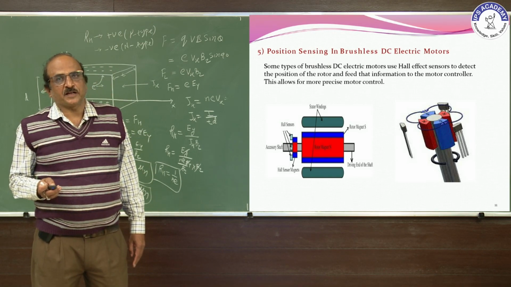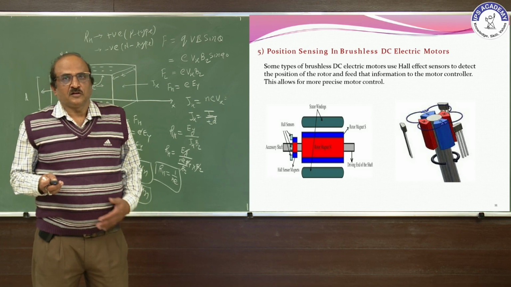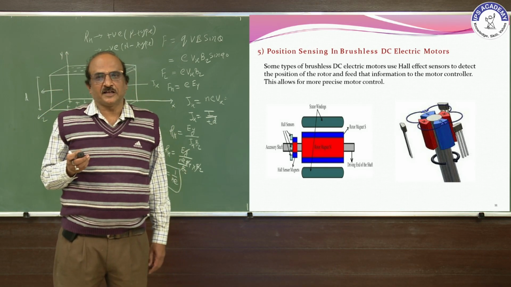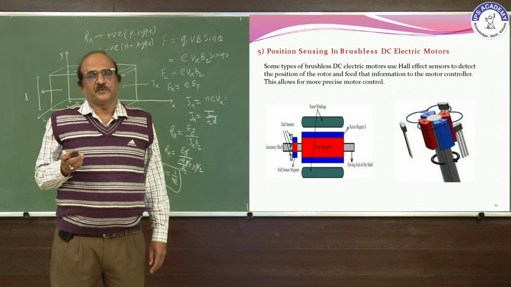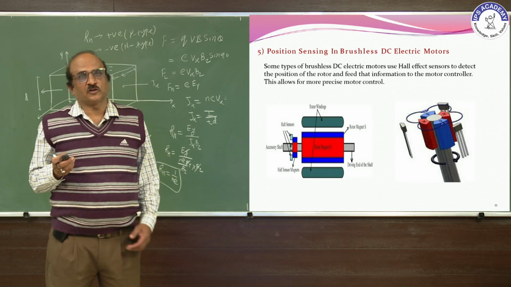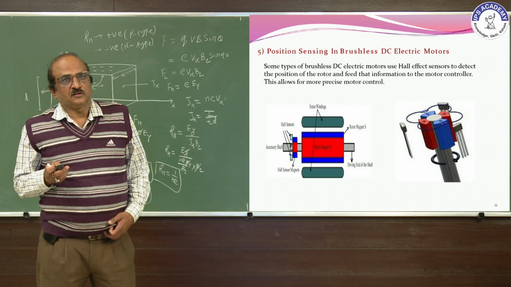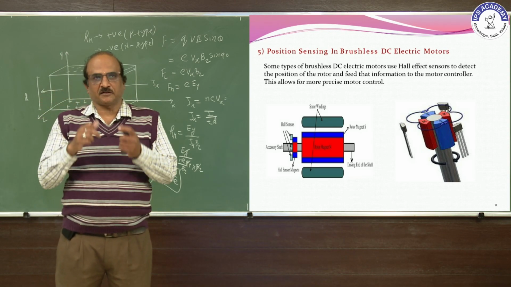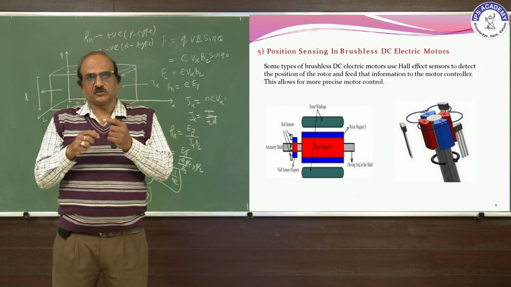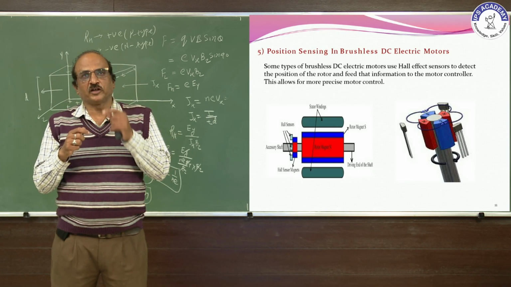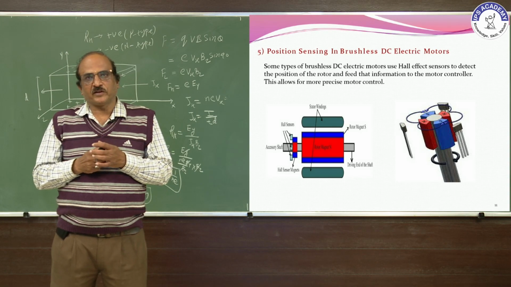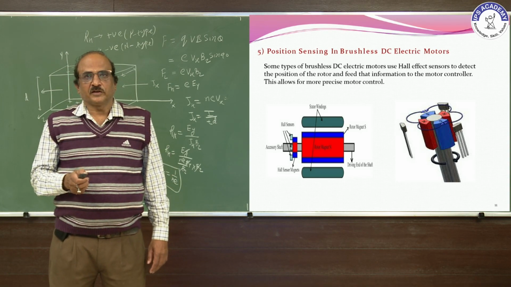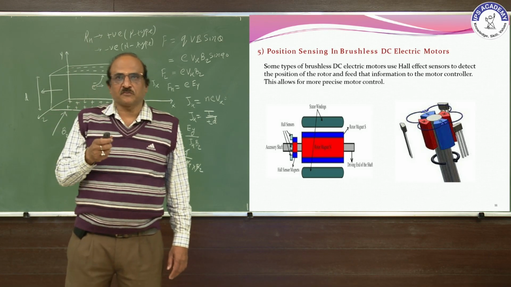Besides many applications, it is used in a BLDC, brushless DC motor. Like, it can sense the position of the magnet. So when we use a conventional DC motor, we use a commutator. So in place of the commutator, we can use this Hall sensor.